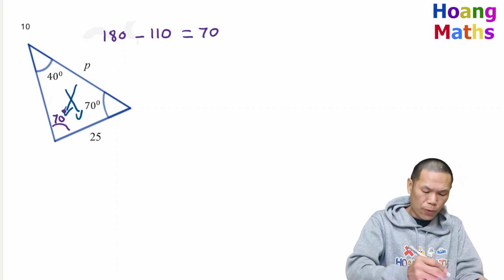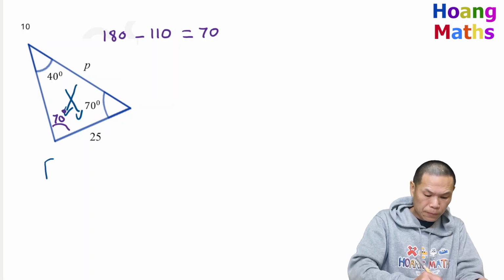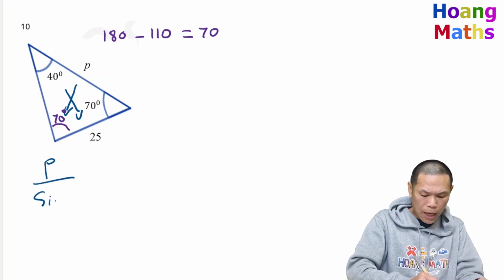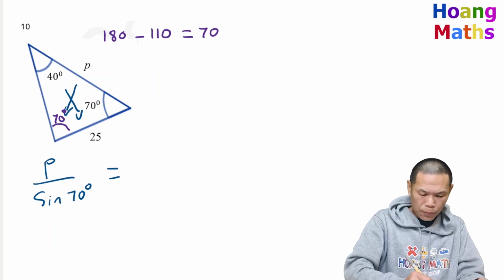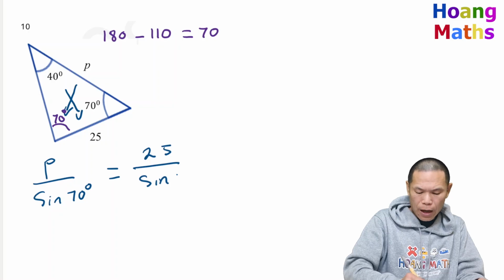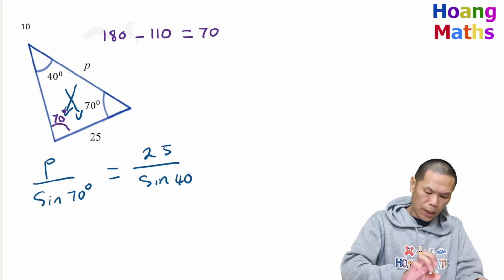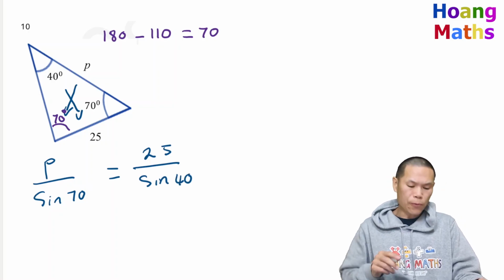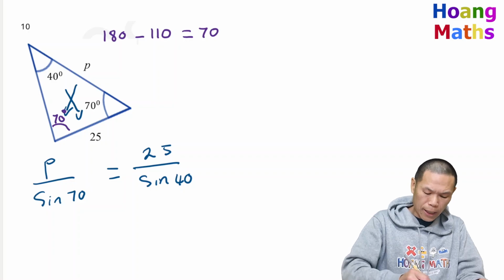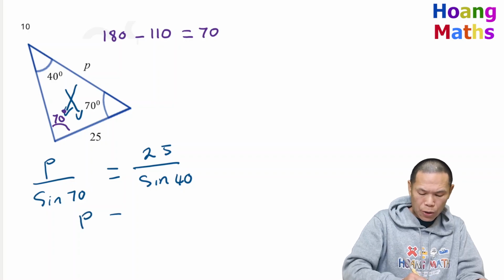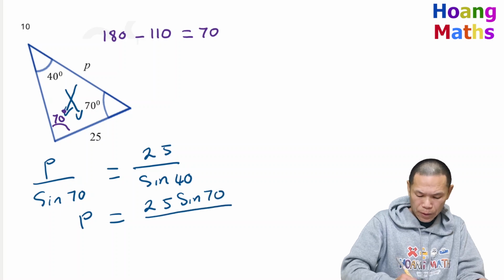So therefore, we know that P over sine of 70 degrees is equal to 25 over sine of 40 degrees. So P equal to 25 sine of 70 over sine of 40.